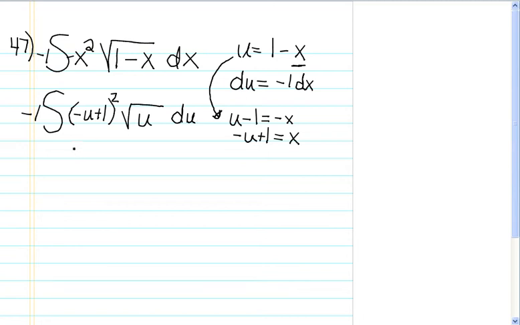And now we just need to work out this antiderivative. So I'm going to FOIL this out quick, just to simplify it. It's negative 1 antiderivative of u squared minus 2u plus 1, all times the square root of u, or u to the 1/2 power, du.